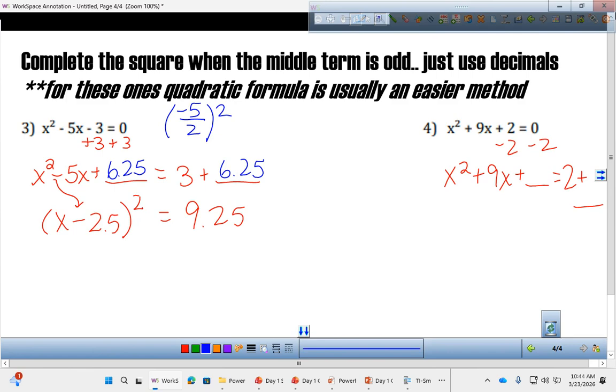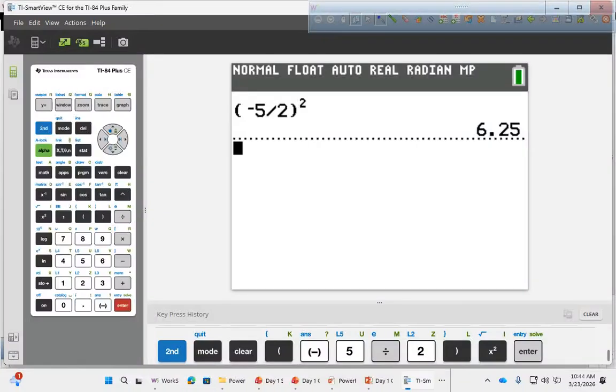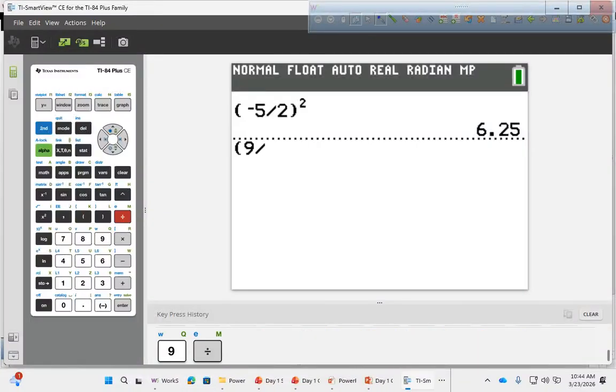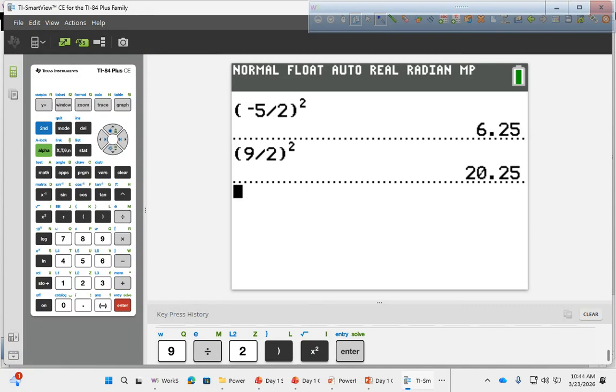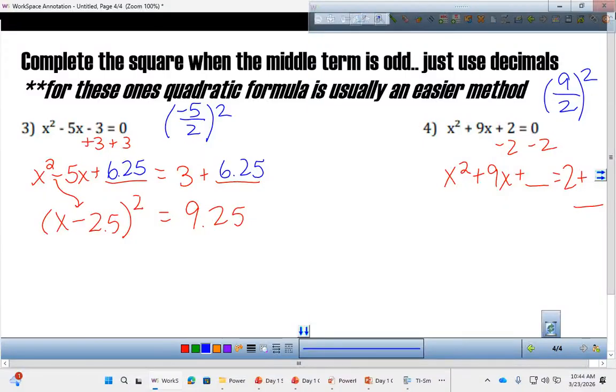So really I'm looking for that blank to be 4.5 times 4.5. Or the middle term divided by 2 squared. So I'm doing the middle number divided by 2 squared. So that number that's going to go in that blank that's going to create this perfect square trinomial is 20.25.